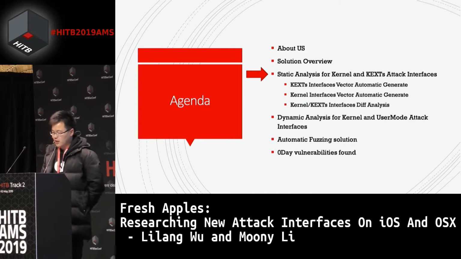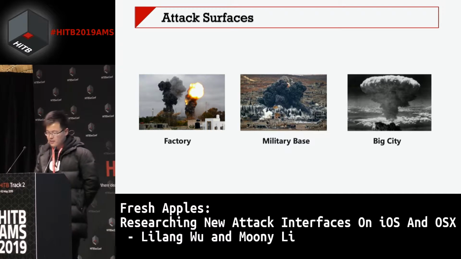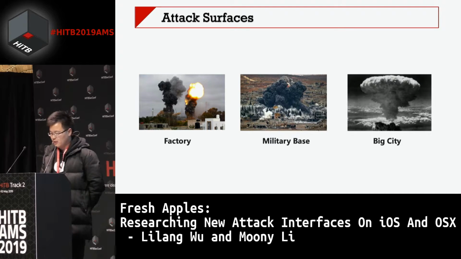Now I will introduce how to analyze the kernel and kernel extension attack interfaces statically and automatically. Think about the real world. I think the factory, military base, big city, or other critical places may be the most likely targets for an enemy to attack.